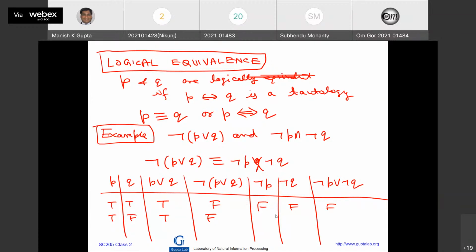True, false, true, false, false, true, false, false, true, true, false, true, false, false. Then we have false, false, false, true, true, true, true. So you can see that this and this are same, right? So this column false, false, false, true, false, false, false, true is same. So both are logically equivalent.